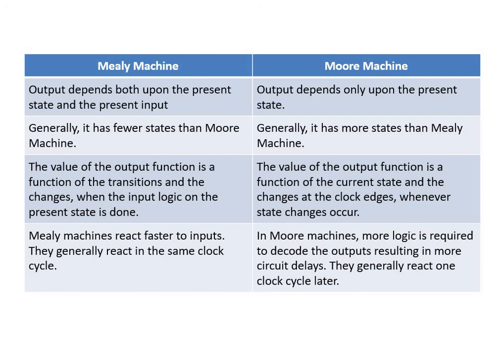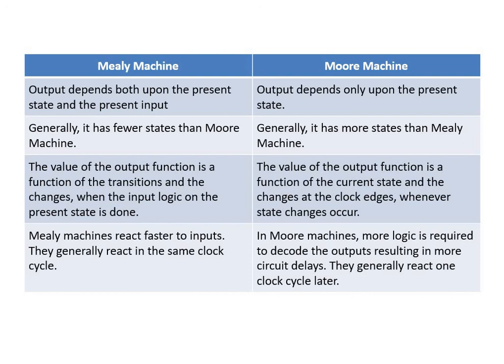Generally the Mealy Machine has fewer states than the Moore Machine, and the Moore Machine has more states than the Mealy Machine. In the Mealy Machine, the value of the output function is a function of the transitions and changes when the input logic on the present state is done, while in the Moore Machine the value of the output function is a function of the current state and changes at the clock edges whenever a state change occurs.